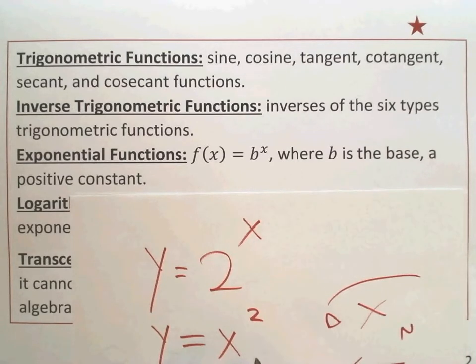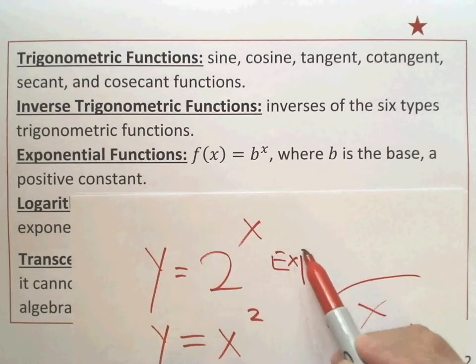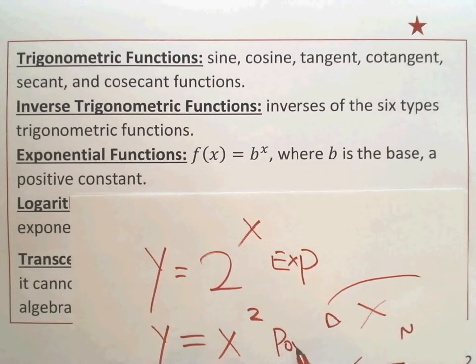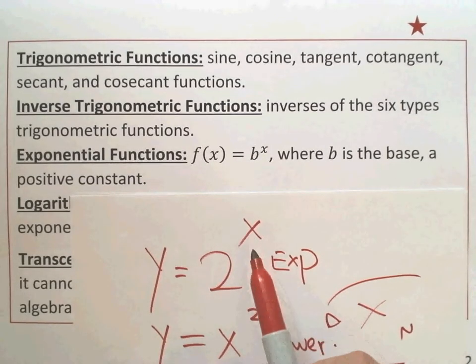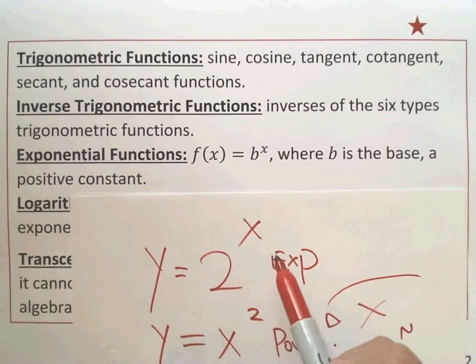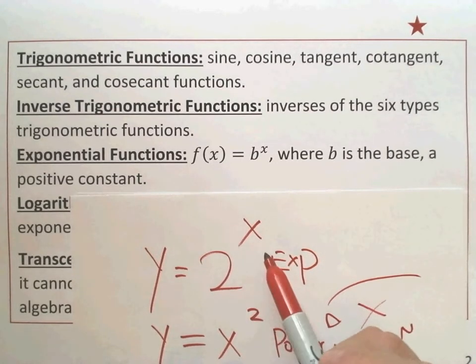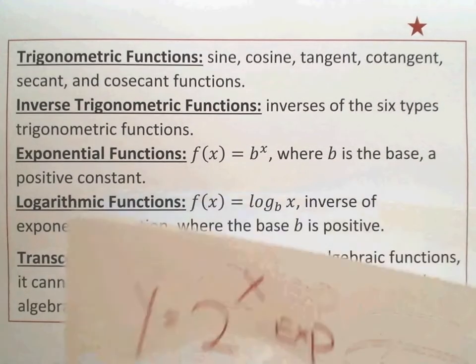This is a power function, the very basic. They are different. Whenever the variable goes to the exponent, we call it the exponential function. If the power is a constant number, we call it the power function. They are different. Don't mix them.